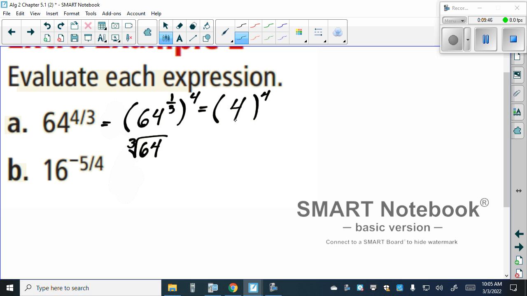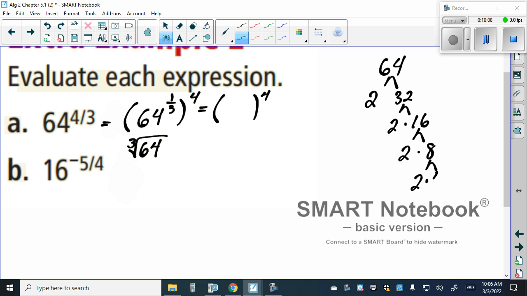That's actually 4. Now we could do a factor tree, and I believe if we did a factor tree for 64, most of us would look at 2. Because this would be 2 times 32, and this would be 2 times 16, 2 times 8, 2 times 4, and then 2 times 2.